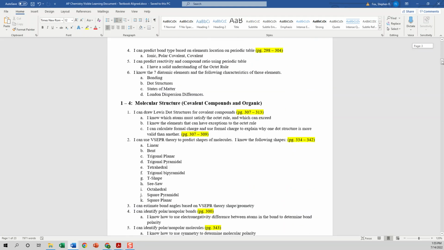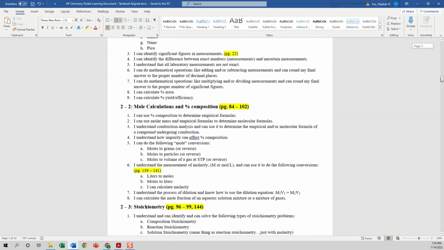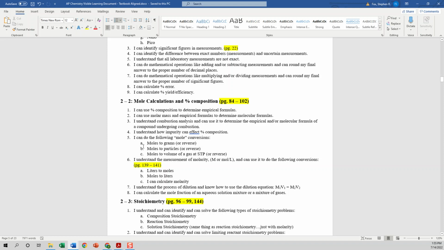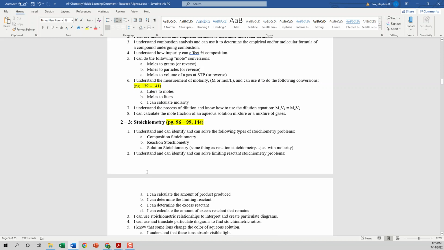So what was it, 2-25A? So if we go to Unit 2, 2-25A, I can do the following mole conversions: moles to grams or reverse, so that means grams to moles. Okay, and then 2-3 is stoichiometry. So basically, you're following your stoichiometry, you're using your mole ratio, and they told us the mole ratio was a 1-to-1 ratio.